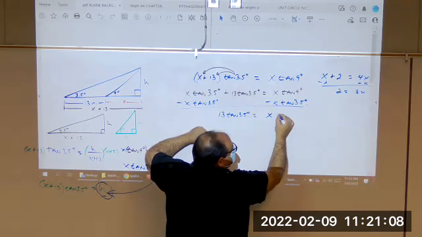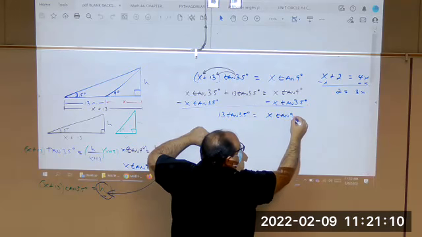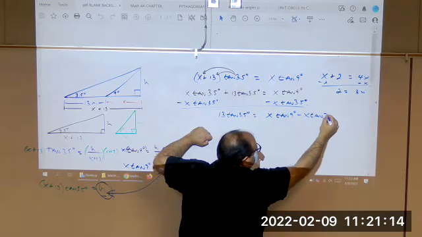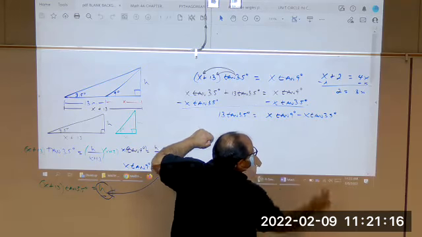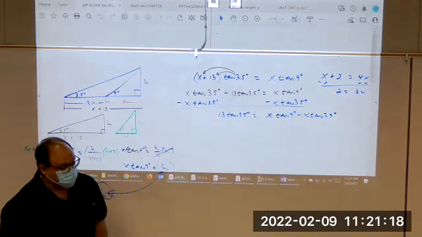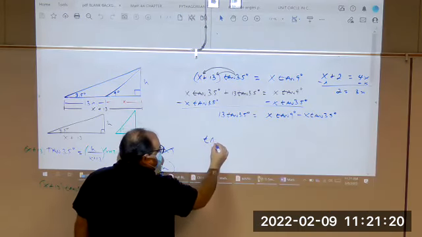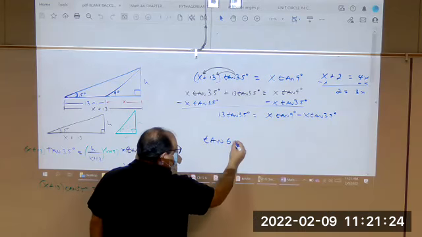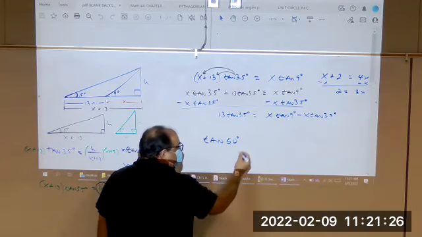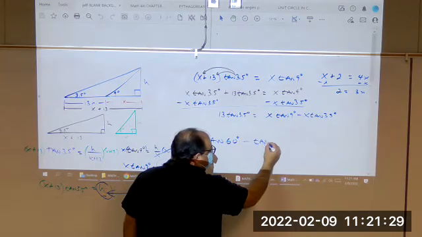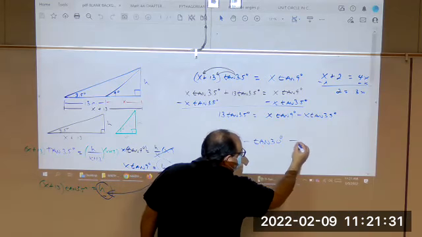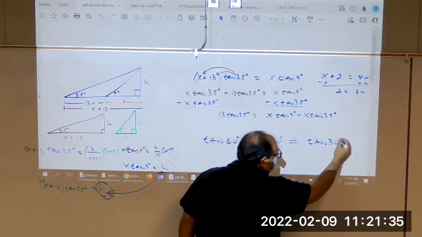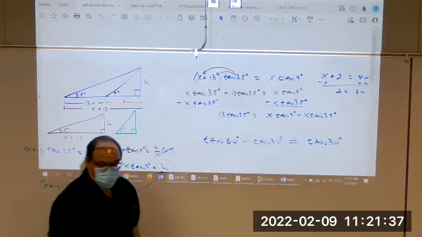It's x times the tangent of 9 degrees minus x times the tangent of 3.5 degrees. Let's do this: the tangent of 60 degrees minus the tangent of 30 degrees does not equal the tangent of 30 degrees. It doesn't.